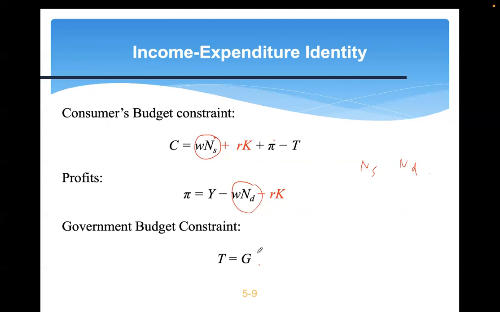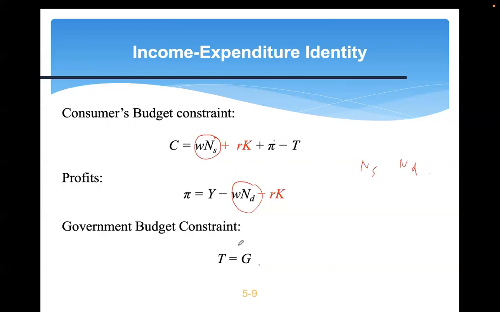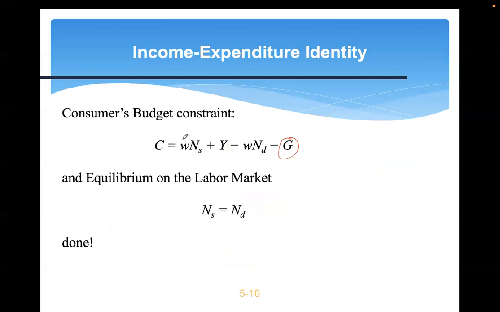And finally, you have the government budget, so T equals G. Those are three equations. Now, what are we going to do? First, we substitute T with G. Essentially, we use this one, it goes to here, and then we end up with here.